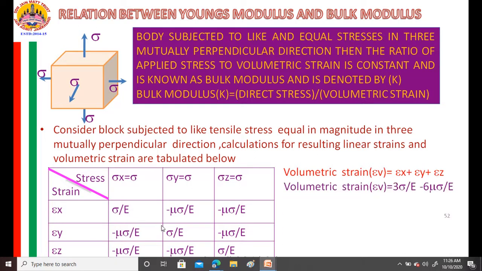Sigma by E plus sigma by E plus sigma by E, that is nothing but 3 sigma by E. Now go for the other term, minus mu into sigma by E: 1, 2, 3, 4, 5, 6. Therefore totally 6 mu sigma by E with negative sign.